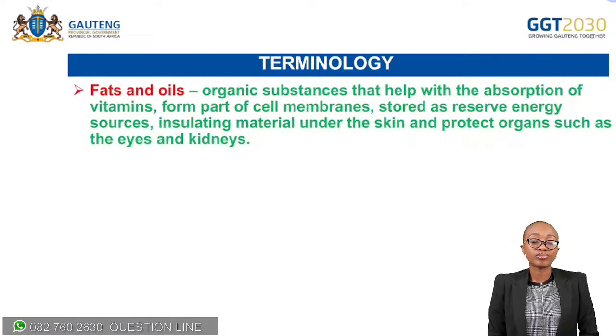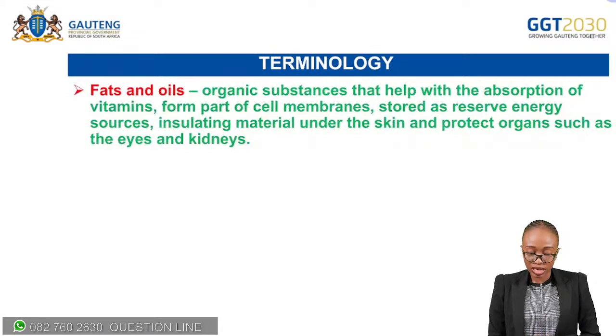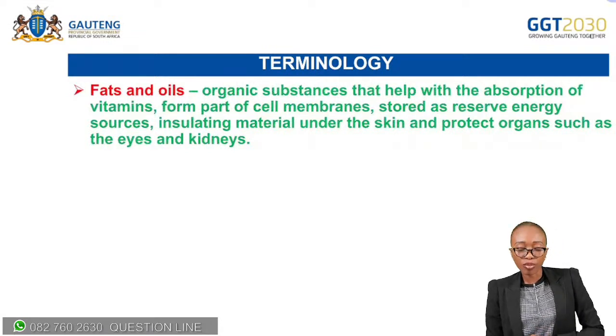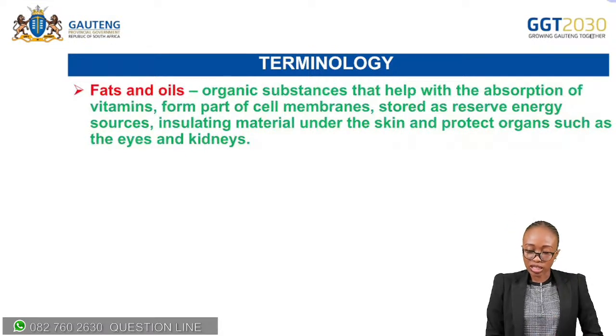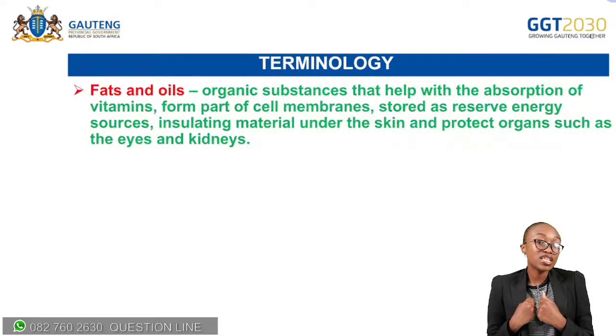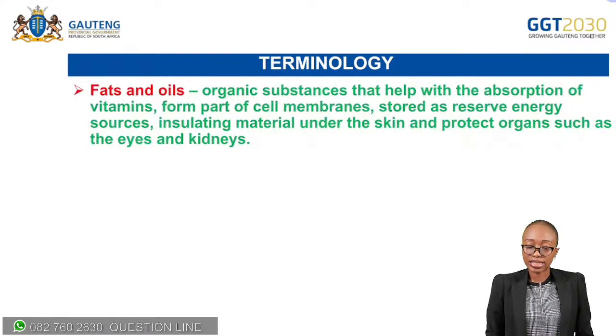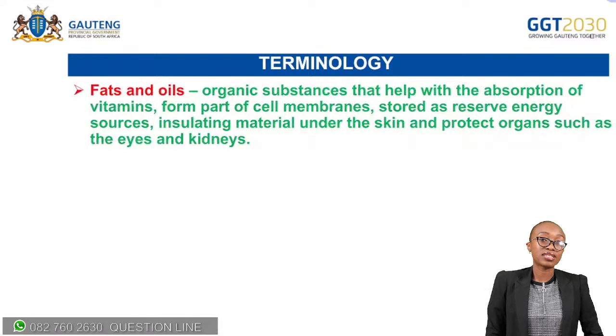Fats and oils. Fats and oils are organic substances that help with the absorption of vitamins. They form part of the cell membranes. They are stored as reserve energy. They help with insulation, so you find them under your skin, keeping us warm during those cold days, and they protect organs such as the eyes and kidneys.